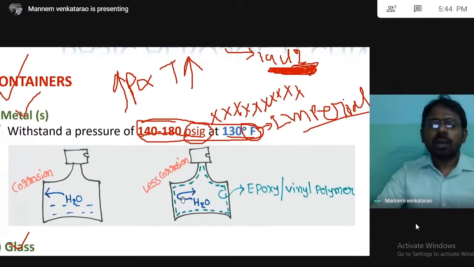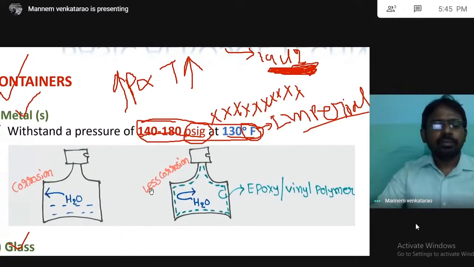Once water approaches the polymer, it is immediately repelled. Water cannot touch the metal surface, so there is less possibility of corrosion. The protection of a metal surface is known as passivation.